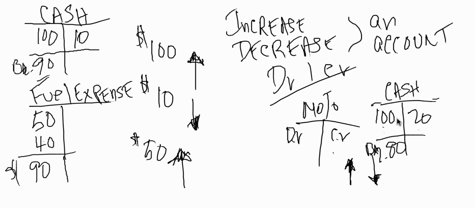Now, ask yourself this question. How do you know to put the 100 here instead of here? In other words, when I'm dealing with this cash account, why am I putting the 100 here to increase it and not here? And conversely, why am I putting the 20 here to decrease it rather than here?